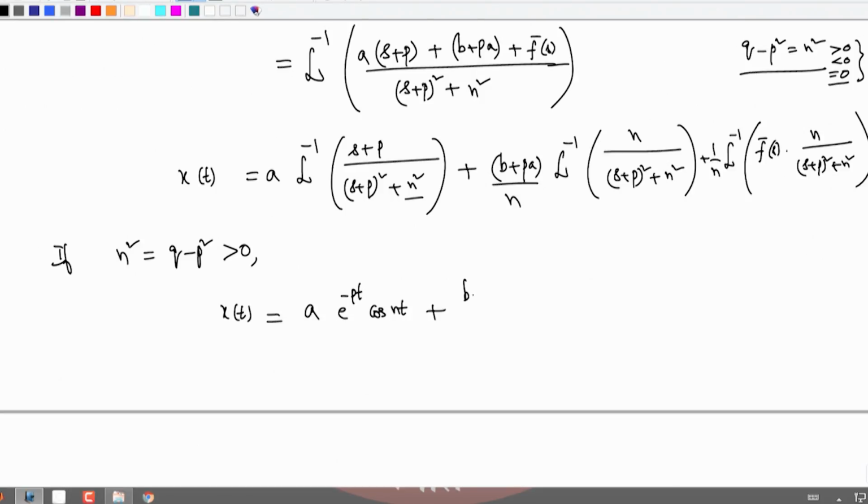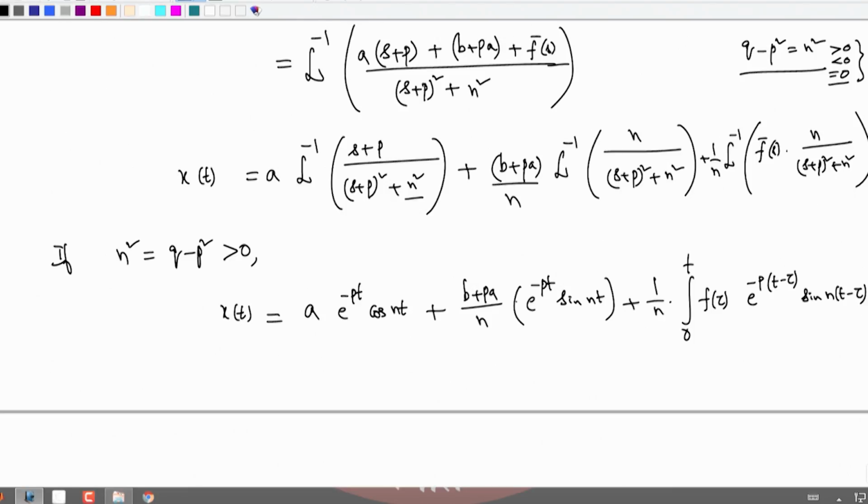Plus b plus pa by n times e power minus pt sin nt. And then 1 by n times the convolution of f of t, the integral from 0 to t of f of tau, and here e power minus p t, in the place of t you put t minus tau, and this will be sin n times t minus tau d tau.